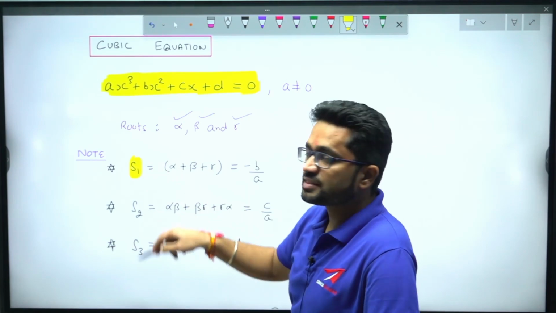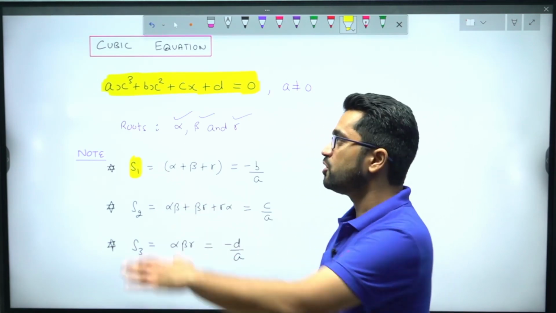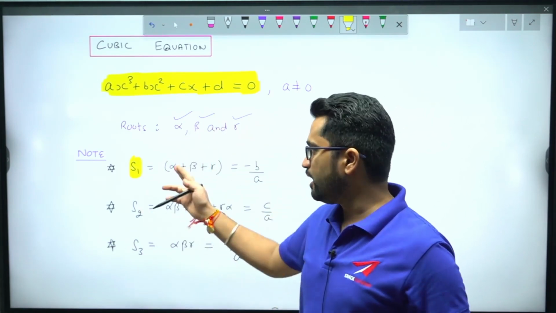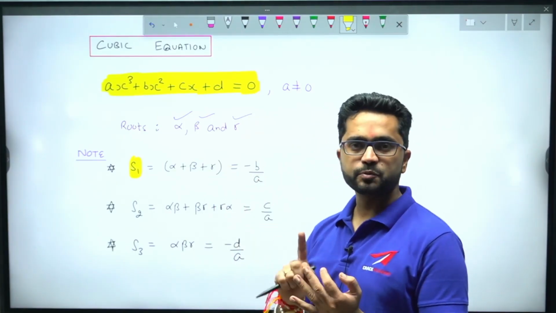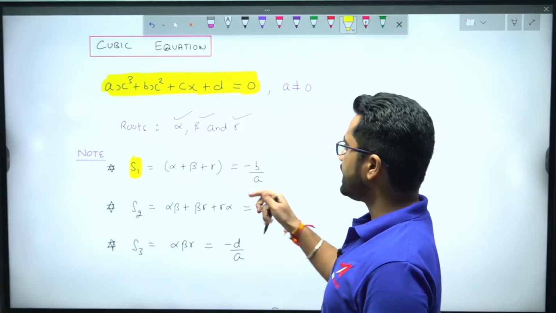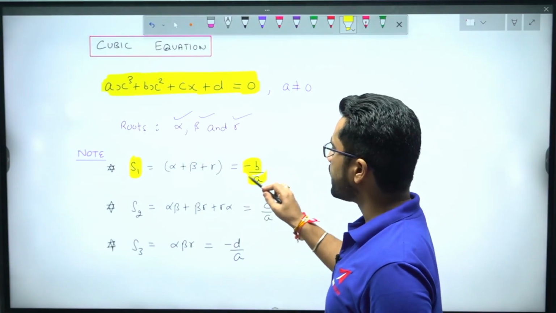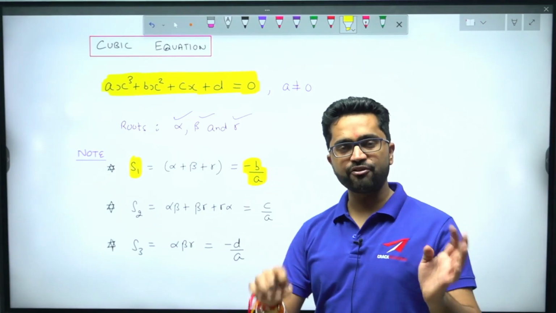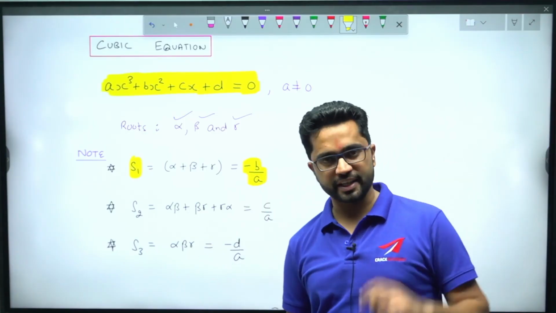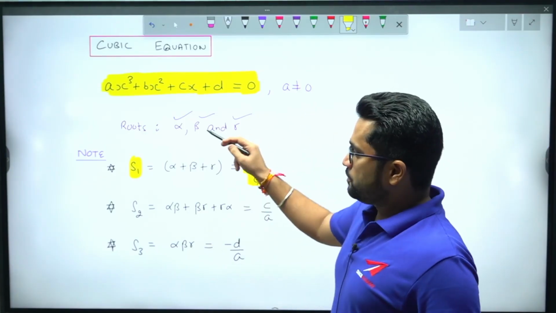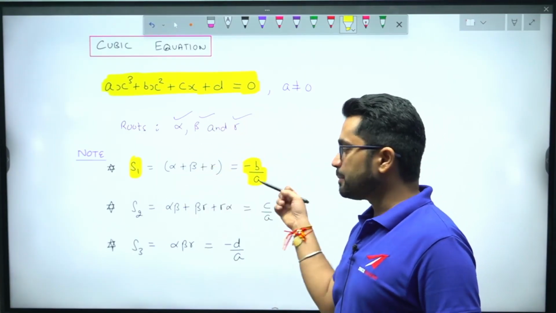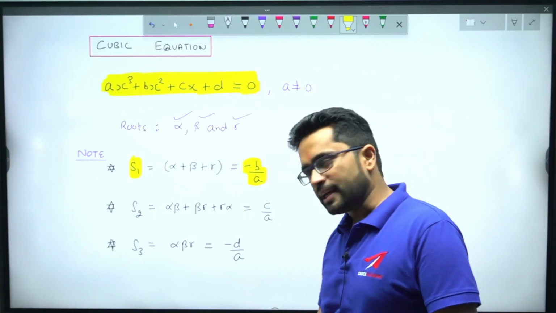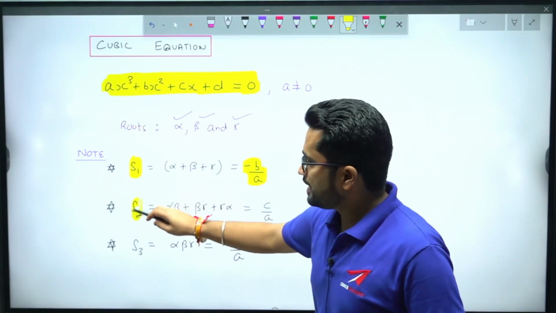S1 is simply the sum of all the 3 roots, alpha plus beta plus gamma. It is simply minus b by a, just like you had alpha plus beta as minus b by a in quadratic. If you simply add the 3 roots individually, the sum comes out to be minus b by a.